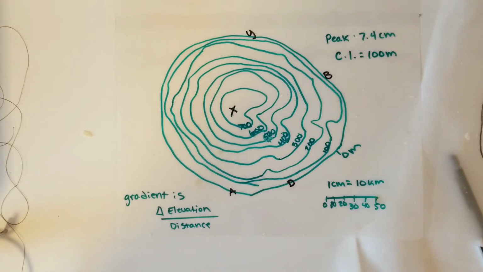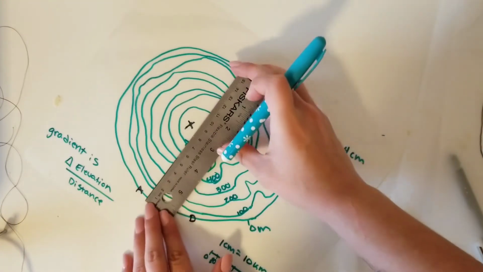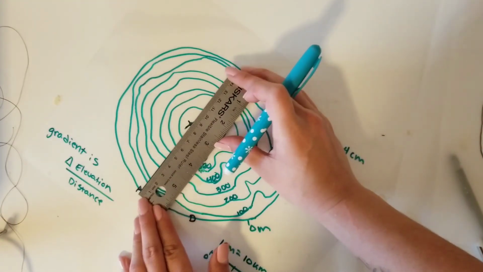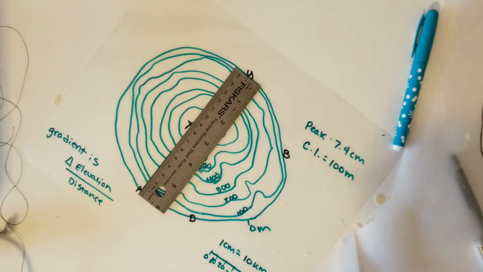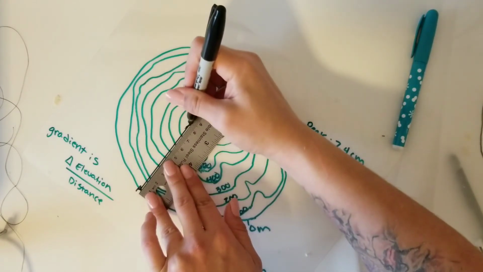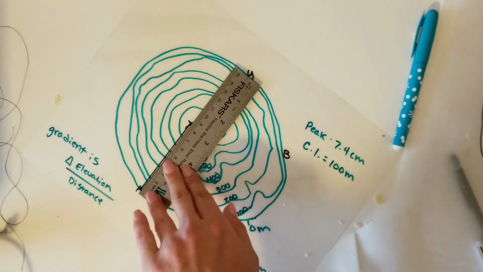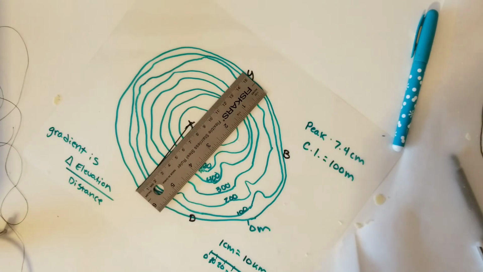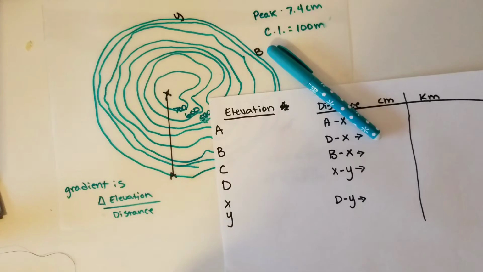So the first one we're going to do is from A to X. I'm going to put this up here, A to X, and I'm going to draw a line between A and X. There we go. And I also want to measure that distance, so let me make a table real fast here. Okay, I did clean up a little bit because I had cookie dough everywhere.